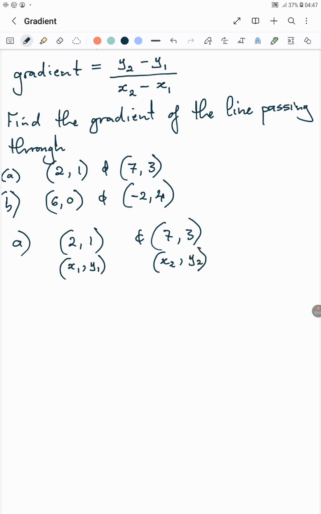So our gradient, which is usually denoted by an M, will be equal to, let's just rewrite our formula like this.